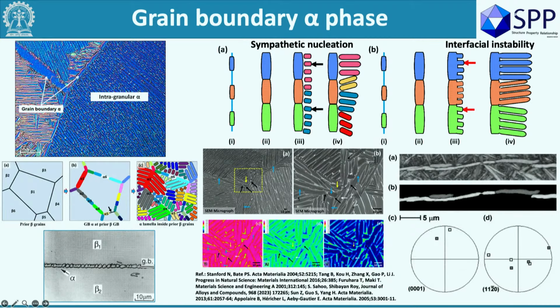Then there is another possibility, what we call interfacial instability. This interfacial instability gives an alpha phase, lamellar alpha phase, which has exactly the same orientation as the grain boundary alpha. Okay? And then there is a hierarchy between the two.